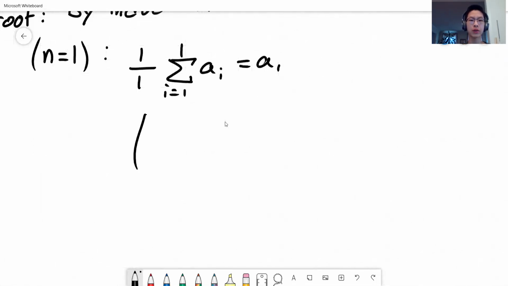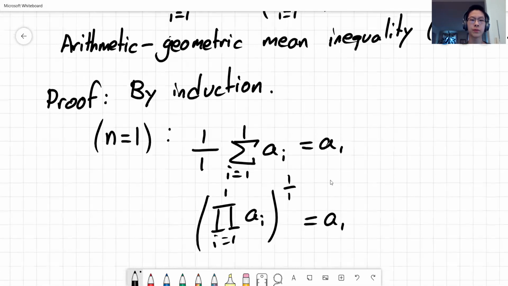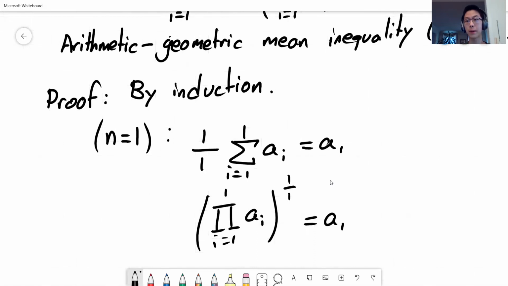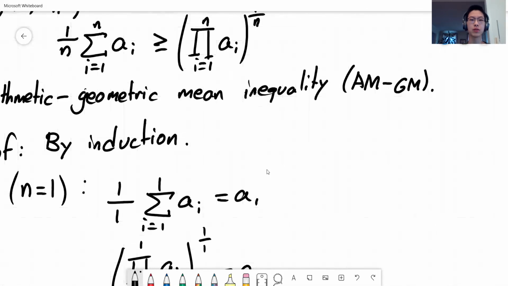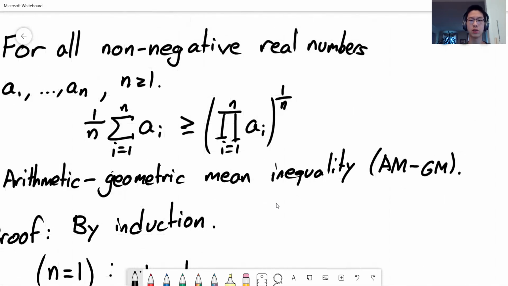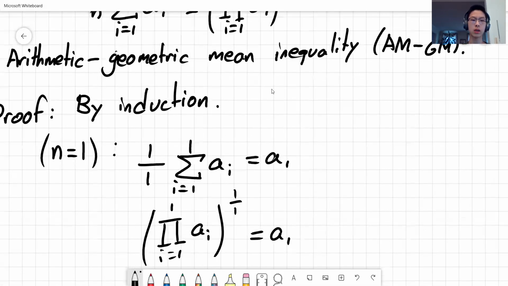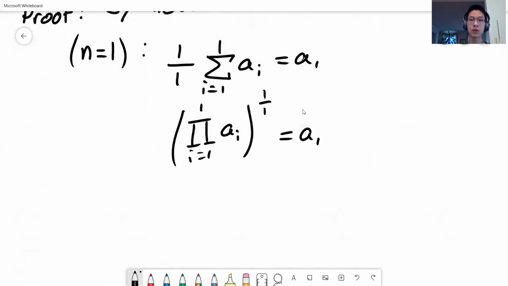And then we have the product from i equals 1 to 1 of a sub i to the 1 over 1, which is just a sub 1. So there's nothing to prove here. This doesn't really give us any information about how we might solve this much more general inequality. So let's go up another number.